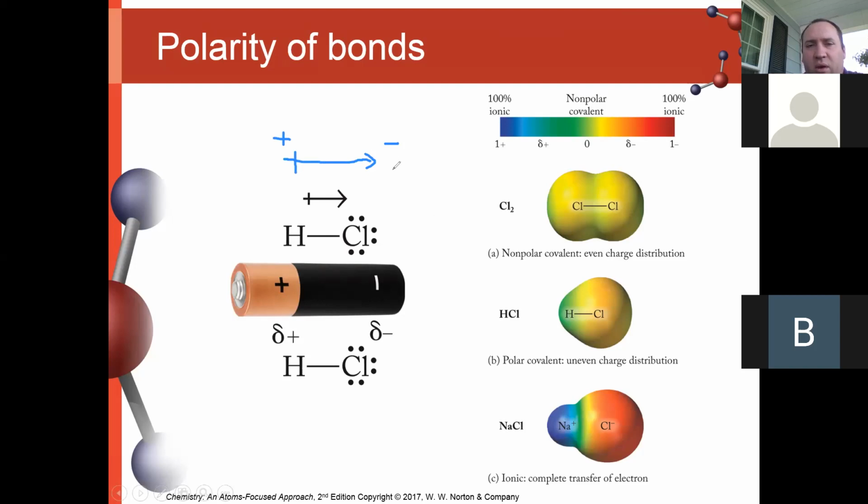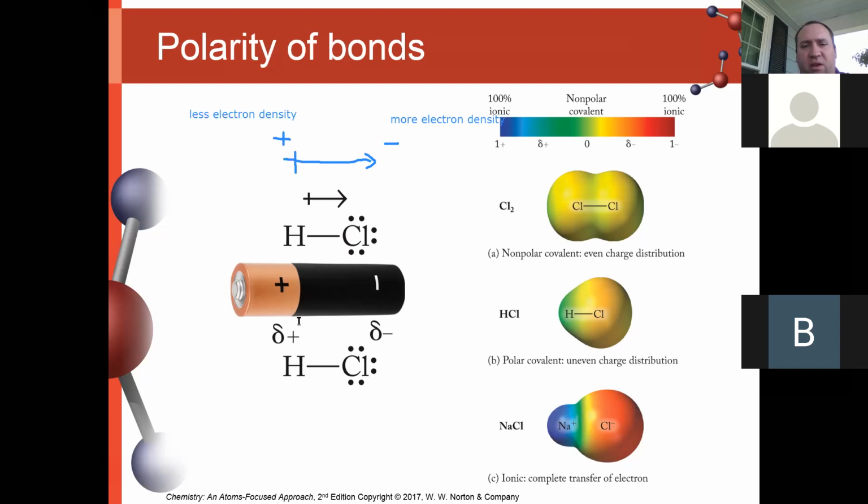And so what we see in these is more electron density on the negative side, less electron density on the positive side. Now, the other way that we can depict this is with these funny looking letter D's.